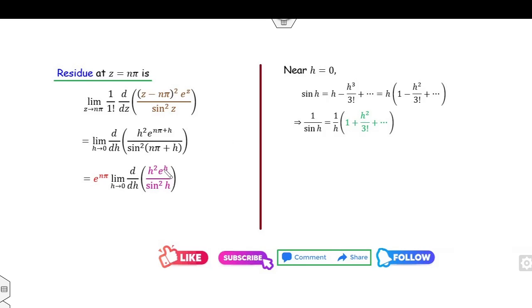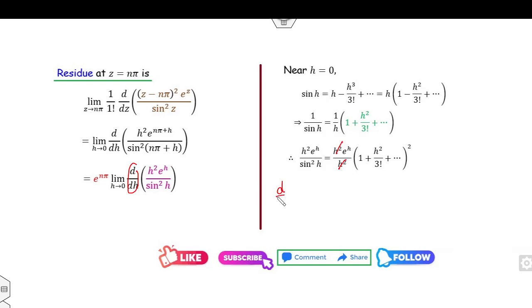Now you can substitute the values. Therefore h square e raised to power h over sine square h becomes h square e raised to power h over h square times the series, so h square will be cancelled. Now your target is to find the derivative.